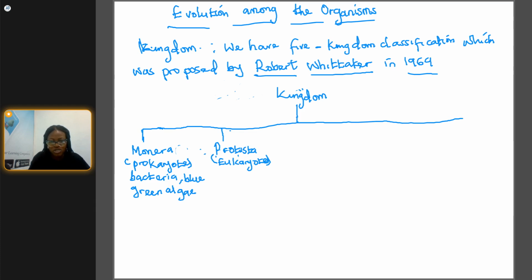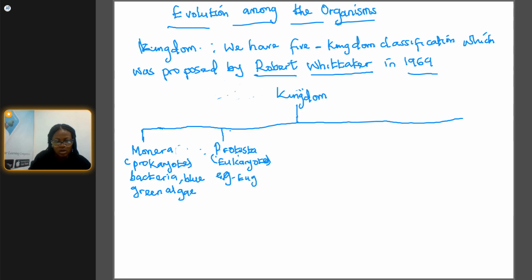So we have kingdom Protista. They are also called the eukaryotes. Before I give you examples, you see these organisms, they have a nucleus, unlike the prokaryotes. They have well-defined components, unlike the prokaryotes. So examples of the Protista, we can see all these unicellular organisms like the euglena.